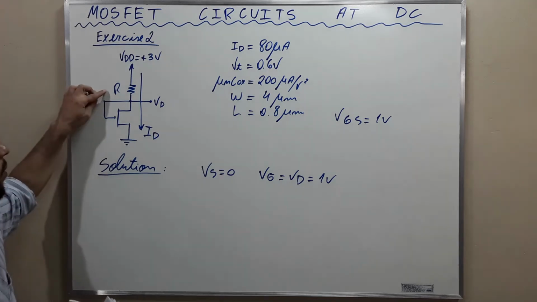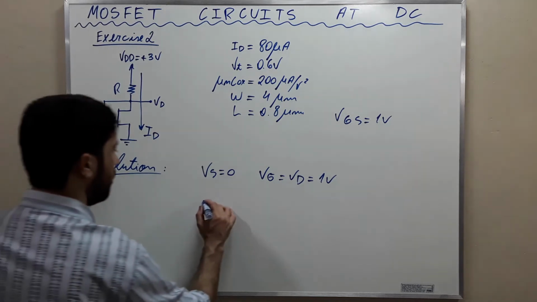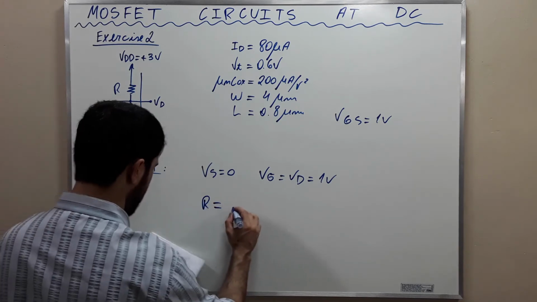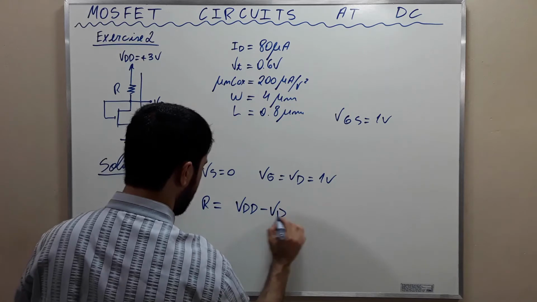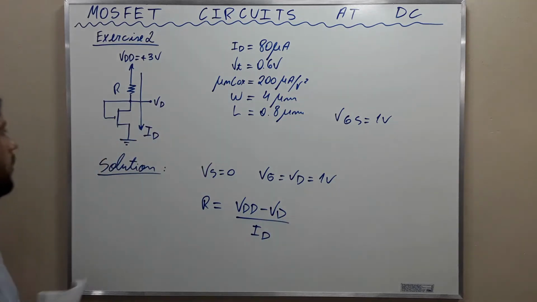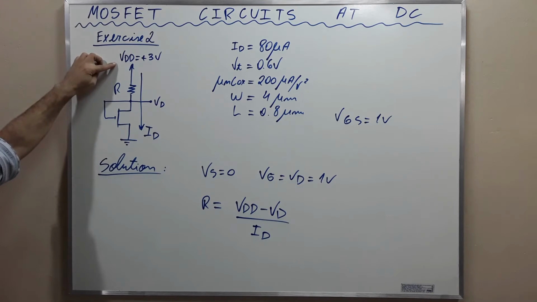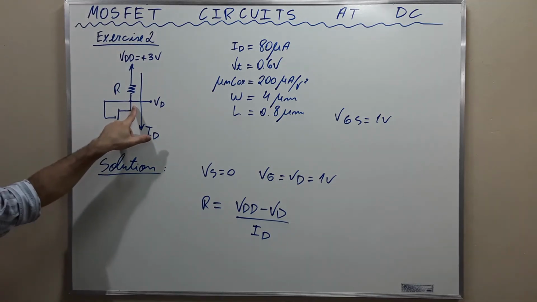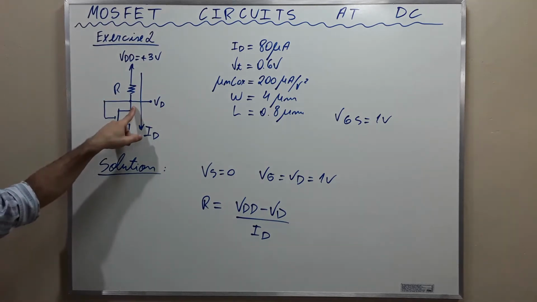Lastly, we need to calculate the value of the resistance. R is going to be equal to VDD minus VD divided by ID. Okay? The voltage on top of this resistor here is VDD minus VD.